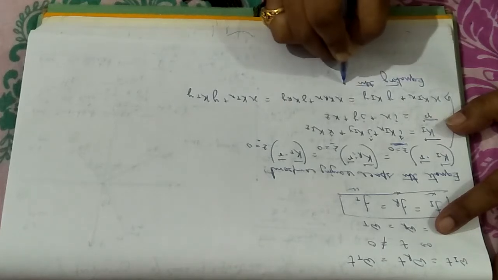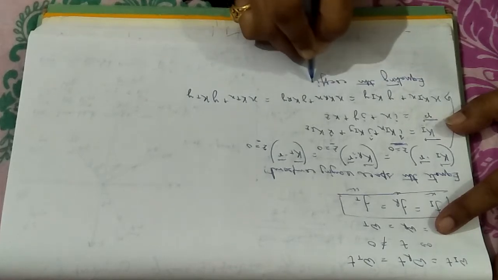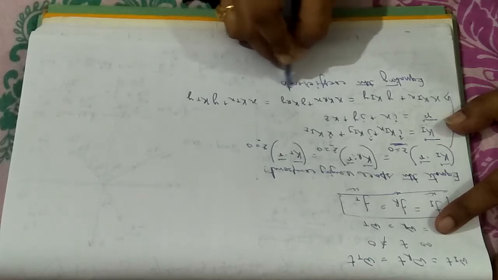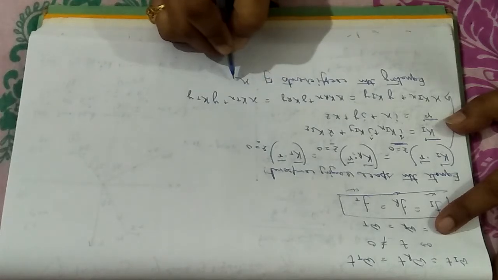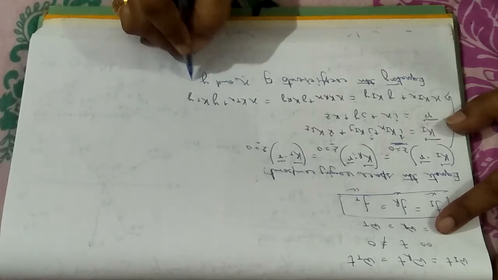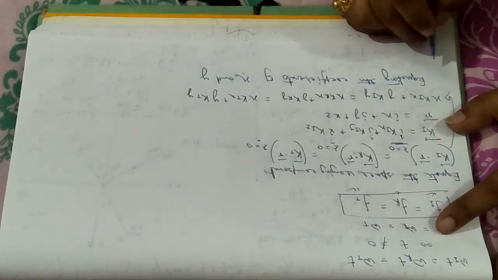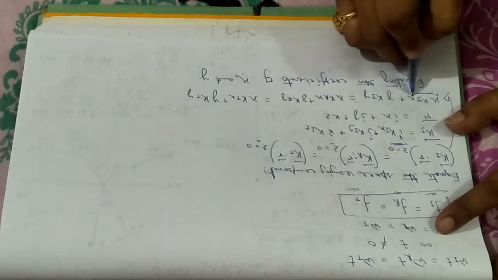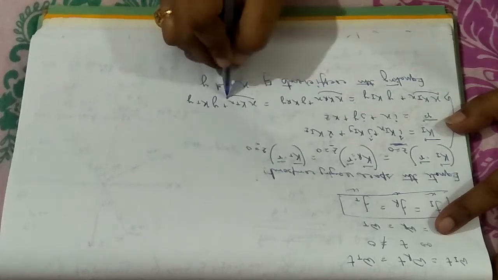Equating the coefficients of x and y on both sides, it is the x component and x component.